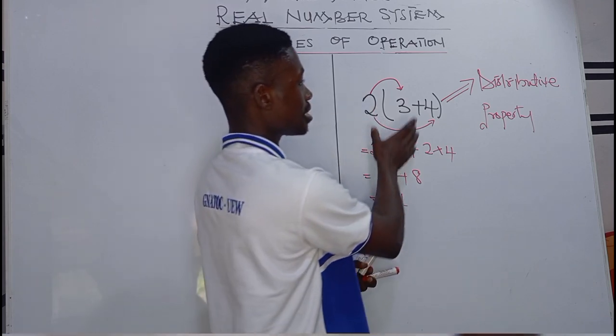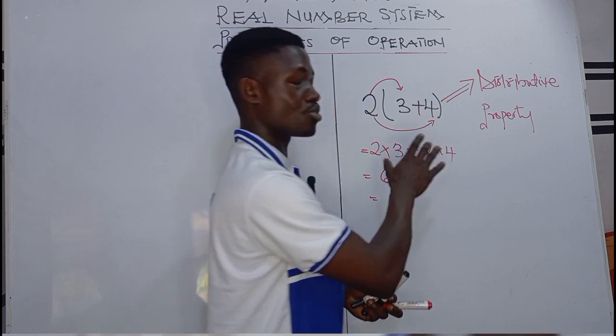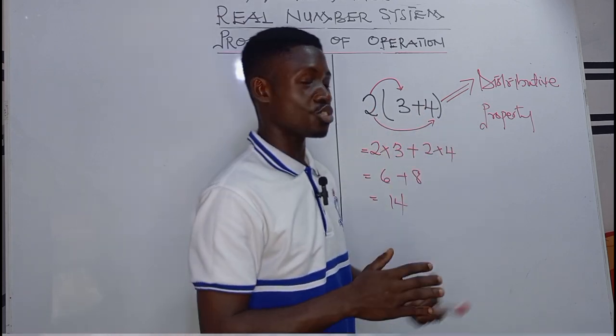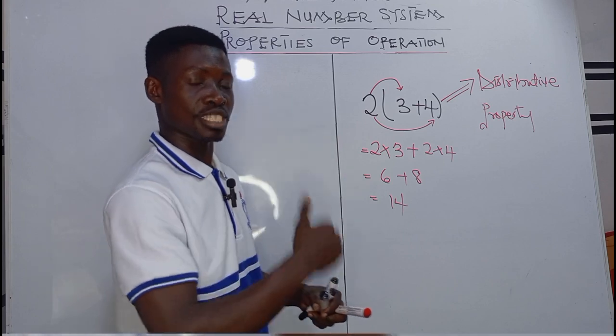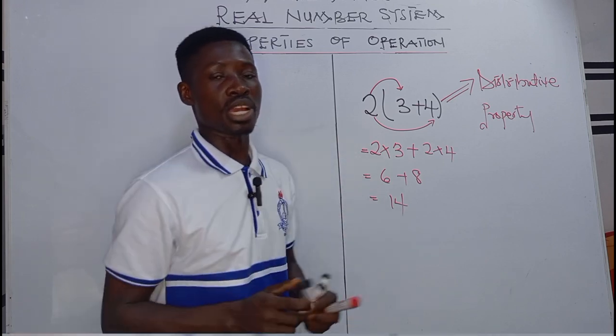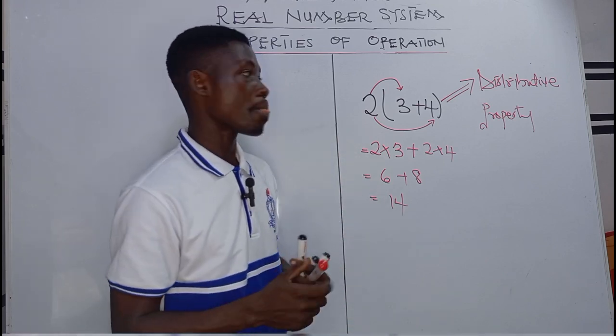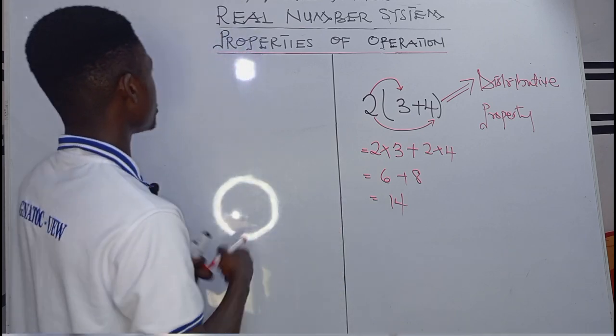So this property that enables us to expand the bracket to remove it is called the distributive property.